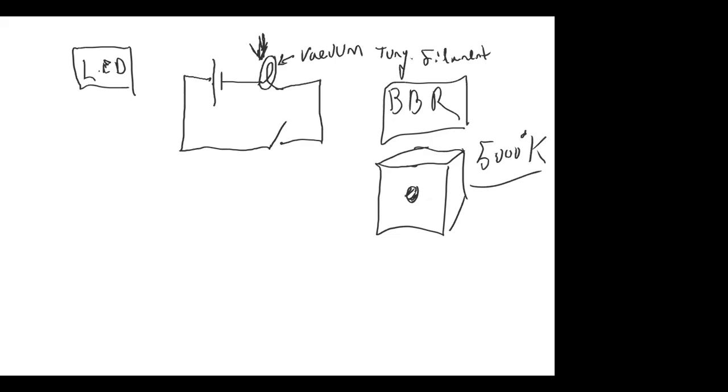It is what's known as a 5,000 degree Kelvin calibrated illumination source. So when you go out to the store and you buy 5,000 degree Kelvin fluorescent bulbs for your kitchen, you get what's called a daylight fluorescent bulb.